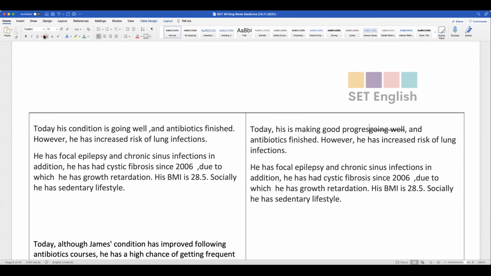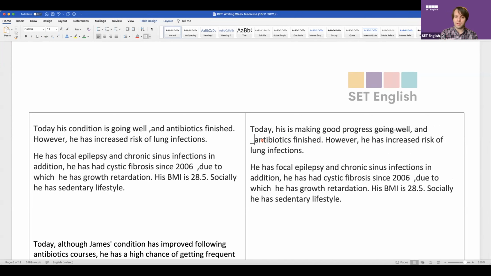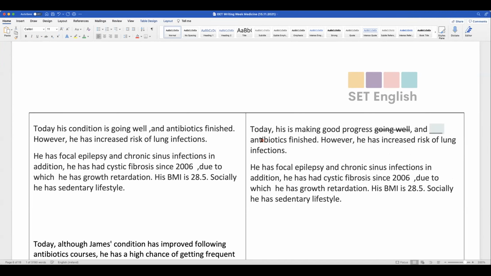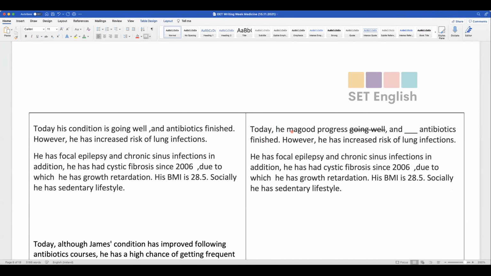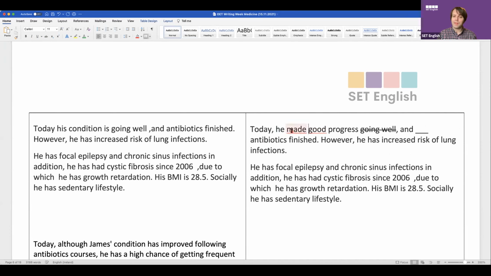Yes. Exactly. And antibiotics finished. So there's a problem here with this as well. Ellen, if we say he made good progress, and also we use today, will it be okay? No, because what that sounds like is that yesterday he didn't make good progress, but today he did. And that's not true. That's the only problem.